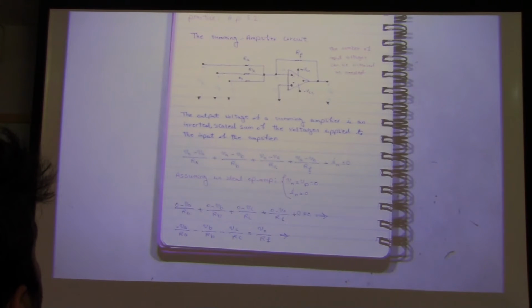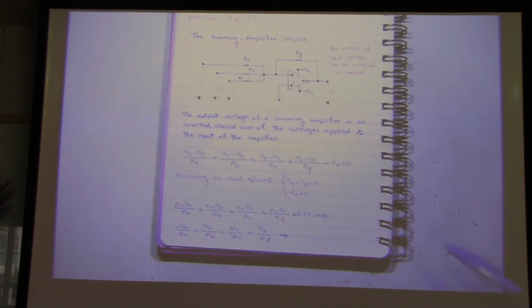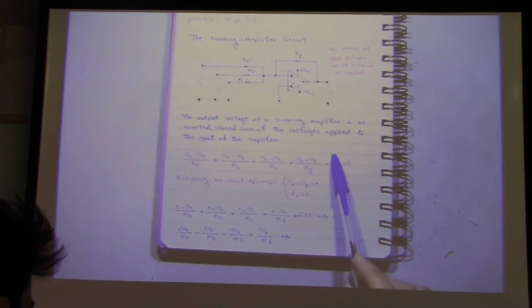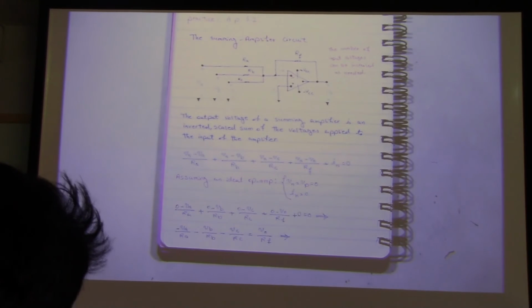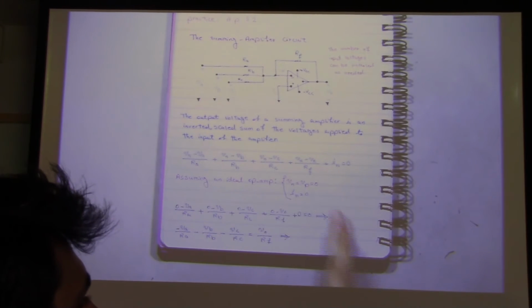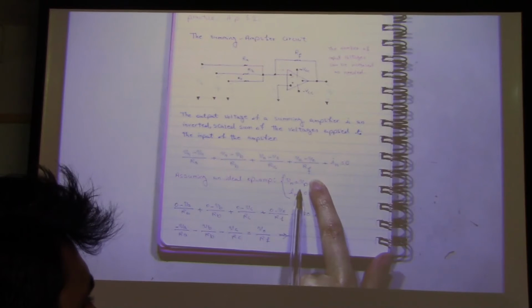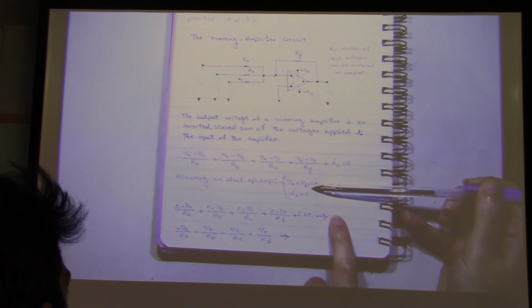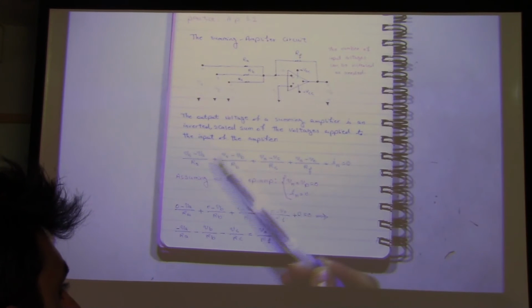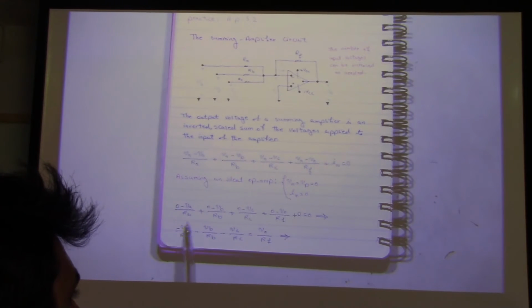How much is the value for In? 0. So here we don't have this term anymore. And how much is Vn? 0. Why is Vn 0? Because Vn is equal to Vp. How much is Vp? 0. That's why Vn is 0. So we have 0 all over here. So we get something like this.